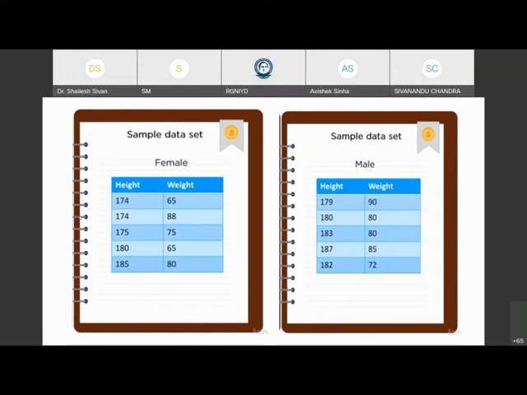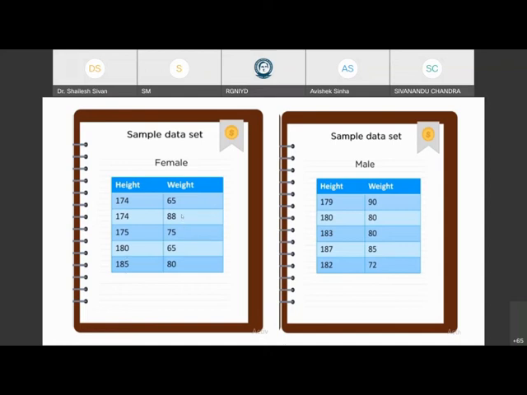We can explain this situation with an example. There are the details of a set of students: female students with their weights and heights, and male students with their heights and weights. For male students, the heights are from 179 to 187, and for the female students 174 to 185.